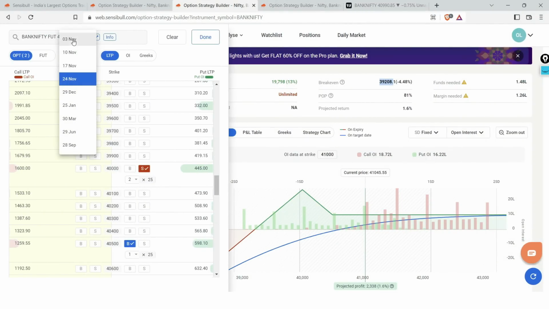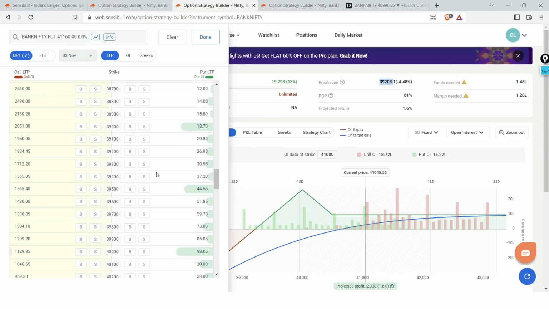We are just buying at break even, but we are buying the weekly put option, which is trading around 20 rupees. This can also be a very good way to protect yourself against black swan events. You can also end up purchasing maybe 38,800 or 38,700, just paying around 10 to 12 rupees. This will also be a very good option if you are afraid of your overnight risk or of carrying the position overnight.